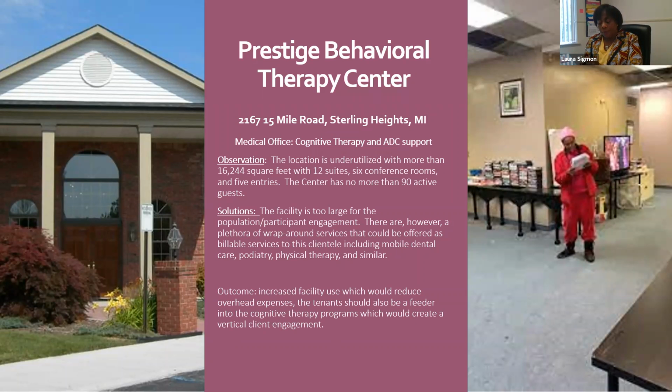But with a 16,244 square foot facility, of which you are now responsible for all of the expenses, where she wasn't in any of the other locations, the water bill, the light bill, heating and cooling, security, everything. Now you're responsible for all these things in this particular facility. That just increased her expenses with only 90 active guests.